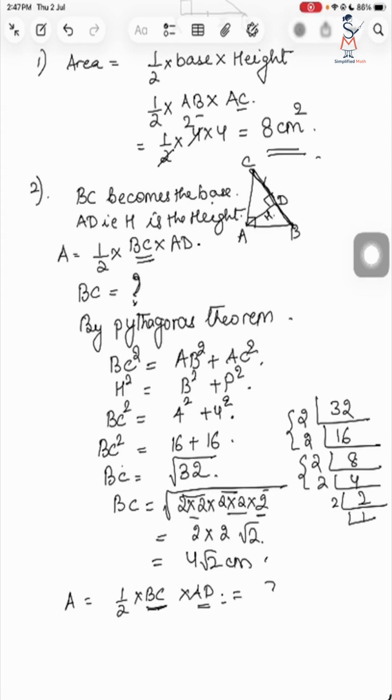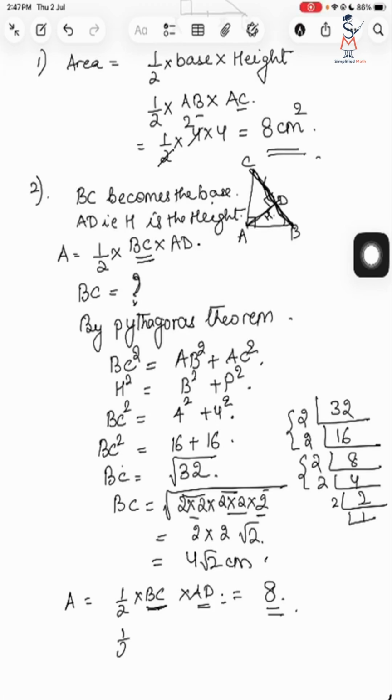This is equal to 8, which we found in the first portion. The area is 8 centimeter square, so we will surely get 8 only.